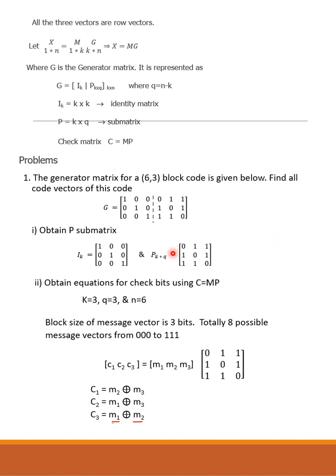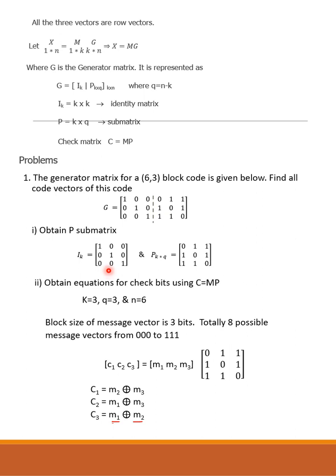Let us take an example of how to apply all this matrix and how to find the code vectors. A general example is taken where the generator matrix for a (6, 3) block code is given below. We have to find all the code vectors of this code. The generator matrix is given. First of all, we have to obtain the P submatrix.